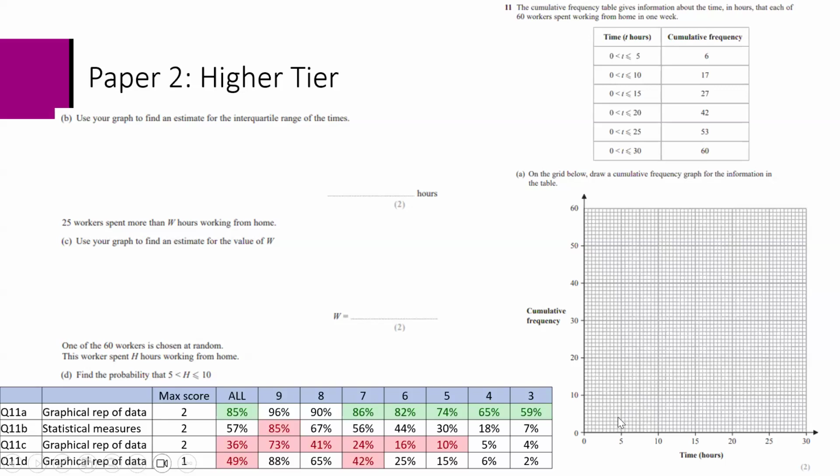And if their graph was in error, start to lose marks. But this one does not say use your graph because we can extract that data from the table. And we're already told there's 60 workers. So we can just do 17 divided by 60 to work that out as a probability.